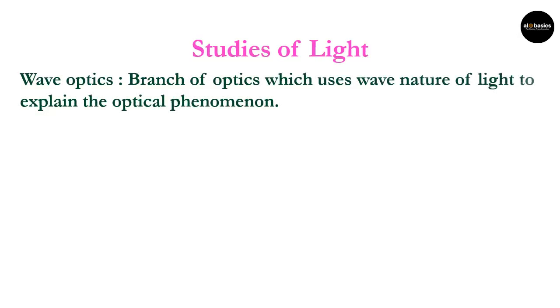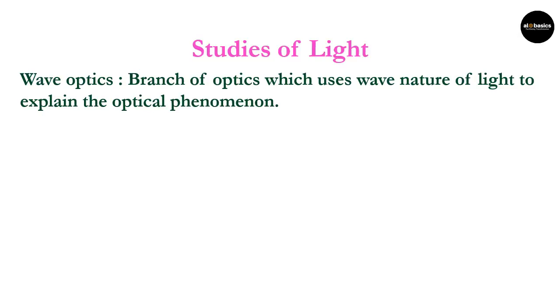Now what is wave optics? Wave optics is a branch of physics, or a branch of optics specifically, which uses the wave nature of light to explain optical phenomena. With the consideration of wave nature, when phenomena are explained, it is known as wave optics.